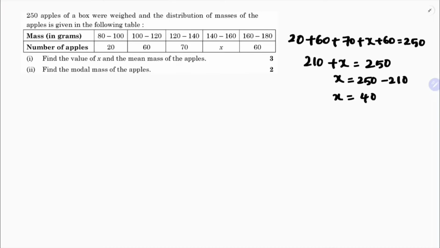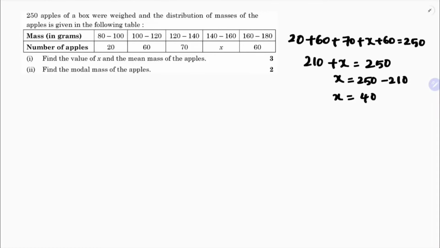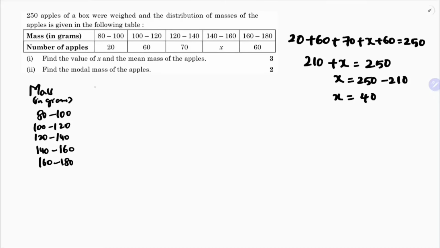Now we need to find the mean mass of the apples. So here the class, mass in grams, is 80 to 100, 100 to 120, 120 to 140, 140 to 160 and 160 to 180.